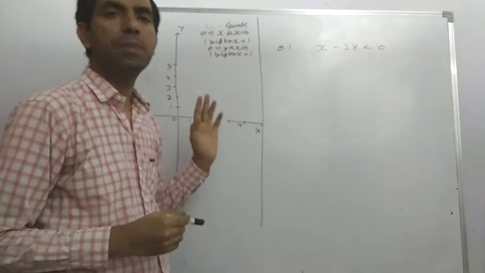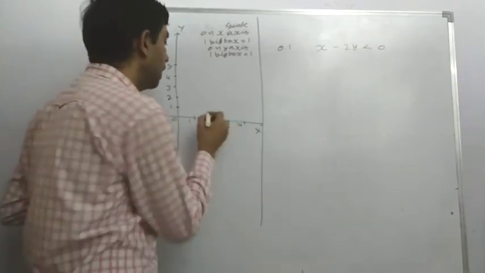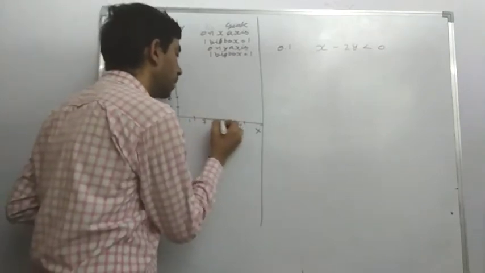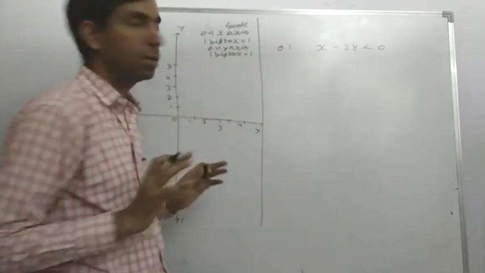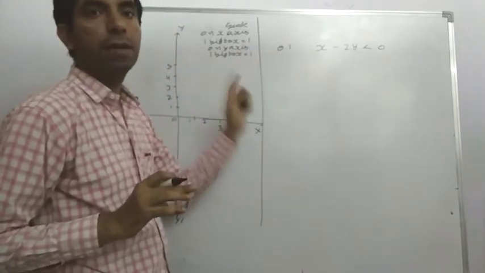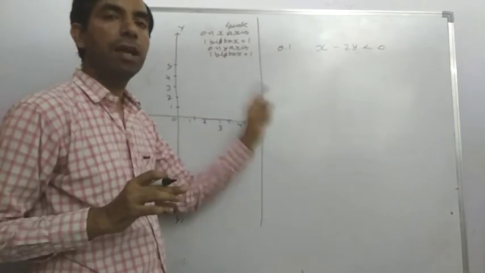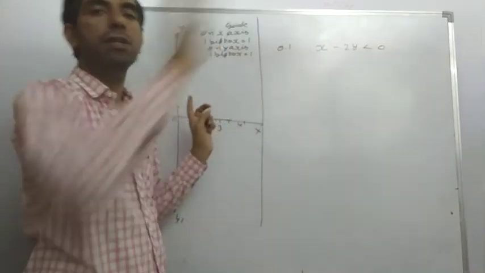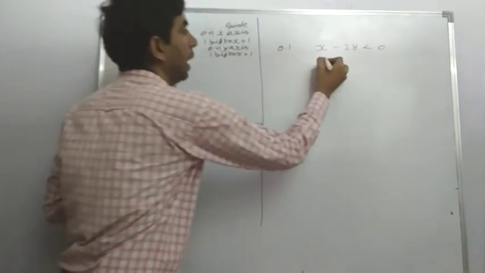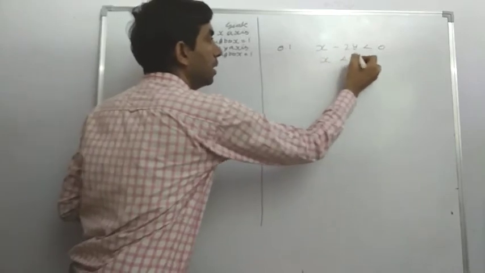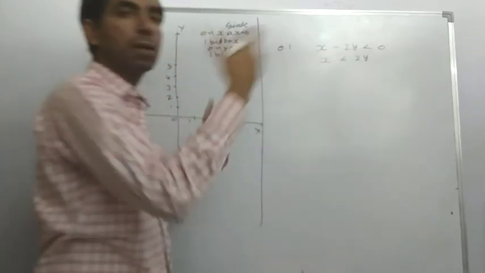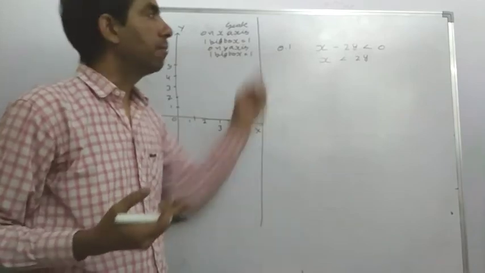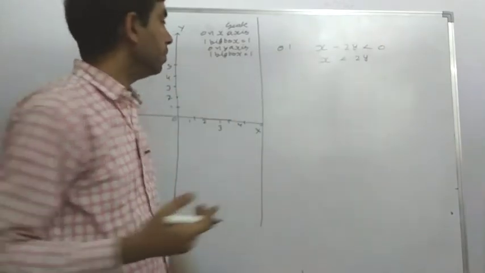But if we just represent it in a graph, then we do not need any other equation, we can represent it easily. Here, generally we take one alphabet on the left side and all other things on the right side. So x less than 2y, because 2y is transferred to the other side, the sign changes, minus to positive.